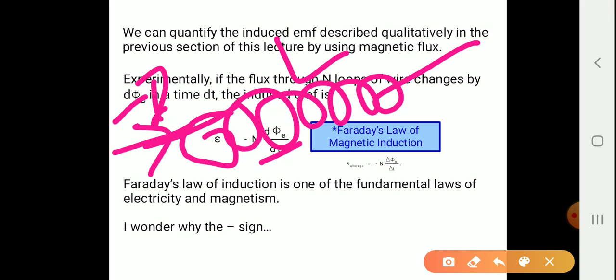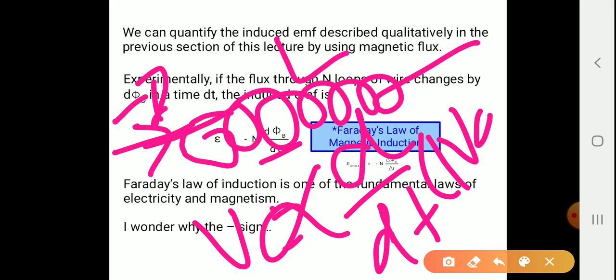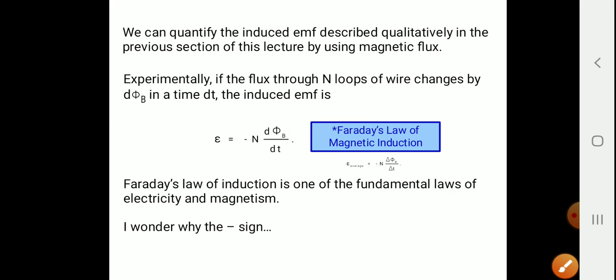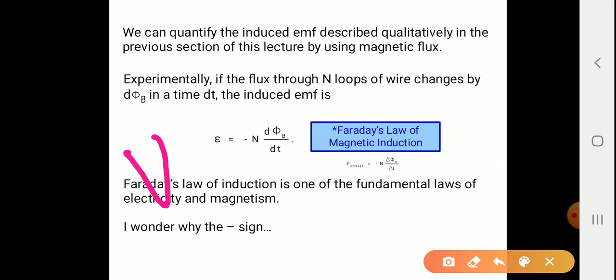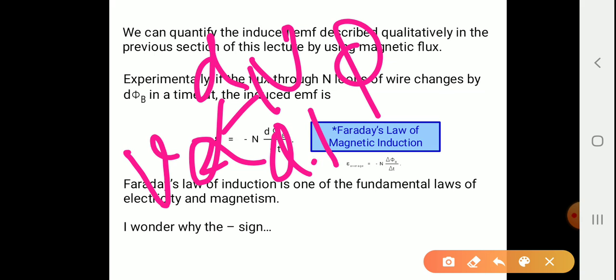The magnitude of this induced voltage is proportional to the rate of change of the flux linkage. So V is proportional to d over dt of N phi. This is the rate of change.